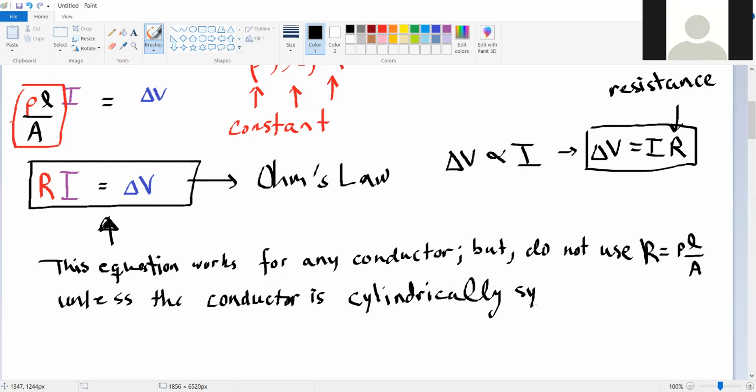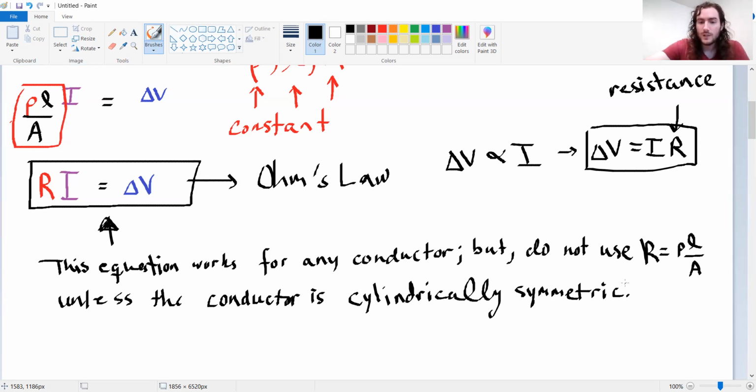Professor, how often does a question with a conductor that's cylindrical come up? Well, any problem involving a wire, you'll assume that it's cylindrically symmetric. Most problems have some sort of cylindrical symmetry, but of course, you may come across a slightly more challenging problem where you don't have cylindrical symmetry.